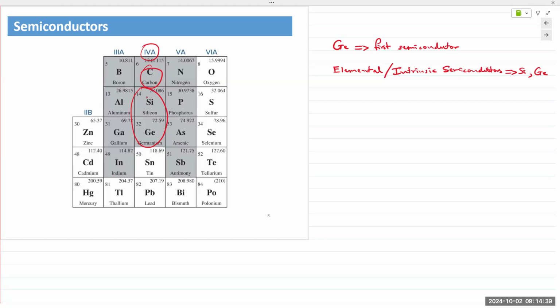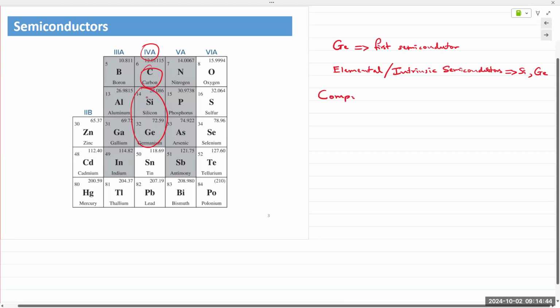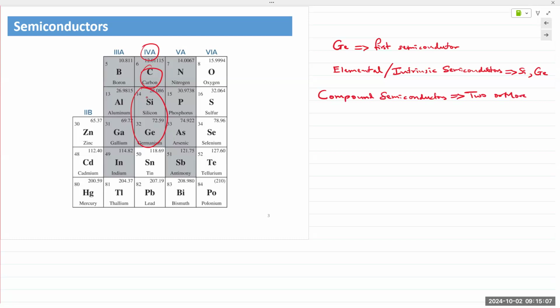Two or more elements are known as compound semiconductors. Examples would be elements from column 3 combined with elements from column 5.